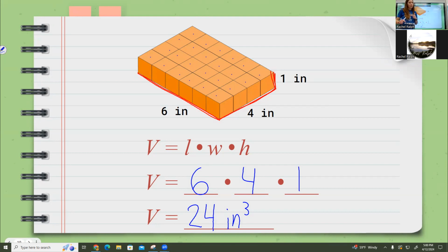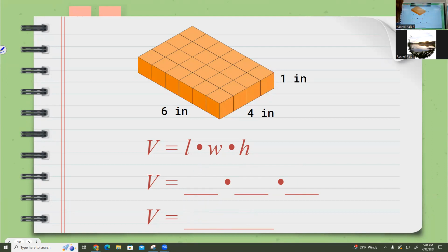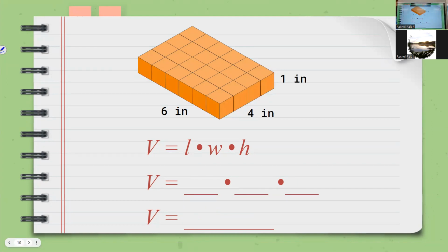All right. Now what we're going to do is work towards an equation that we can actually use to solve any of our prisms, finding the volume of any prism. So watch what happens next.